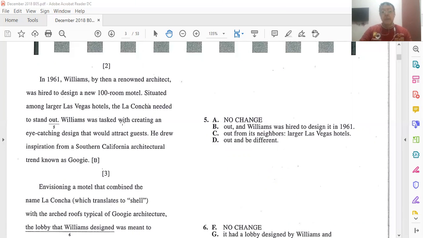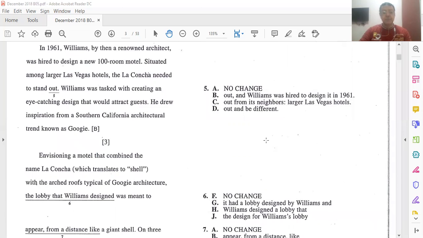We notice that out is repeated in B, C, and D, but with longer sentences. No change is shorter, and it makes sense. As you know, on the ACT test, we should always opt for the shorter answer if it makes sense. So that's very easy. A is the best answer.